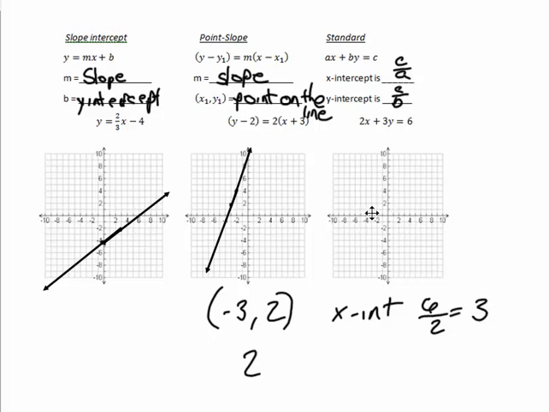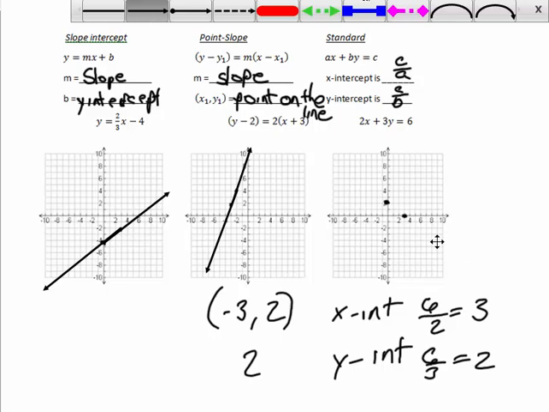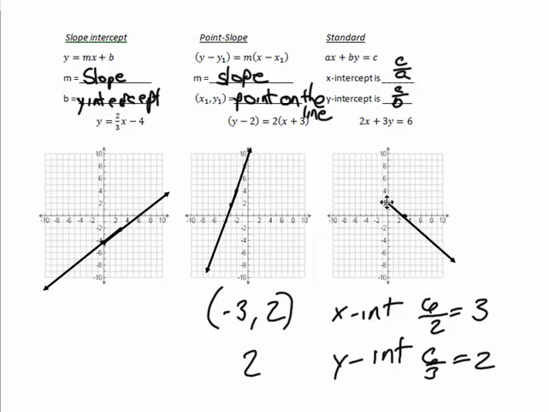And so on the x-axis, I go to where 3 is at and make a dot. The y-intercept is c over b, so 6 over 3, which equals 2. There we go. And again, back to my beautiful line. Boom. And boom. All right.